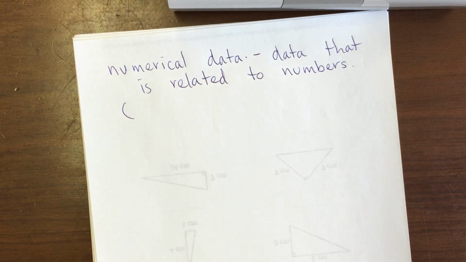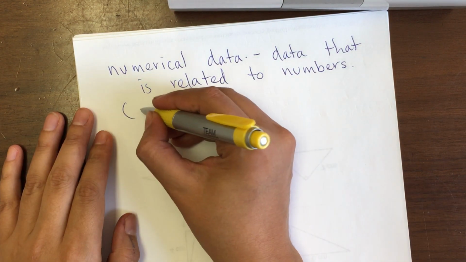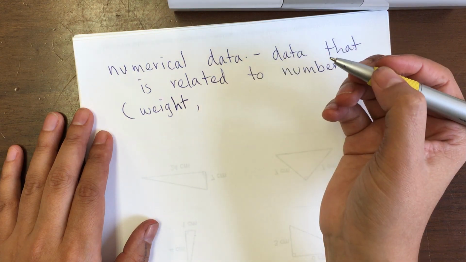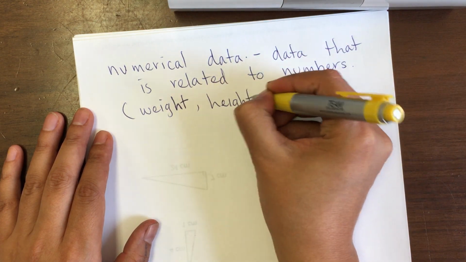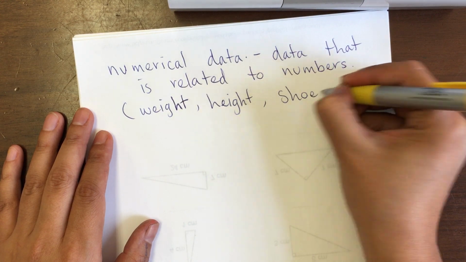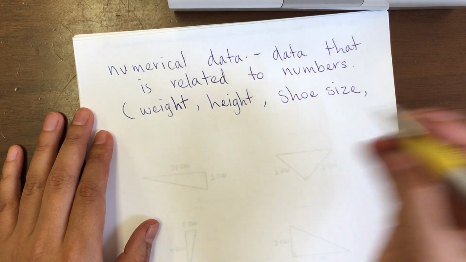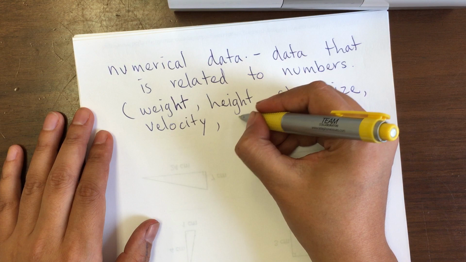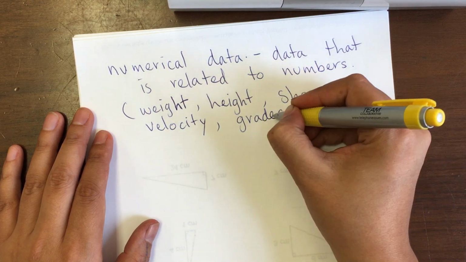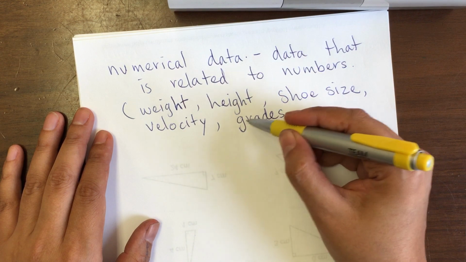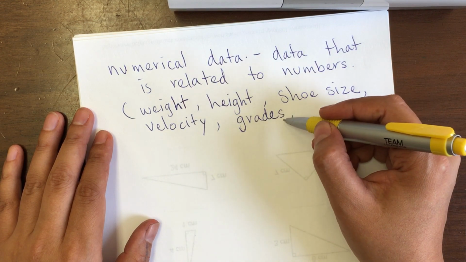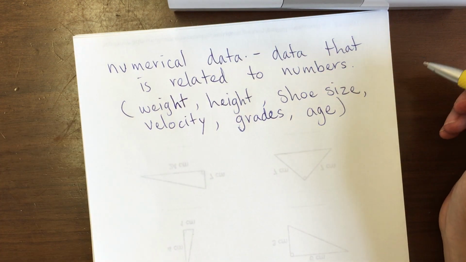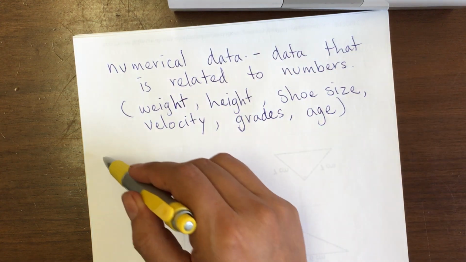And when we talk about data related to numbers, we're talking about weight, for example, because you're asking people for specific numbers, their height, shoe size, velocity, grades, and that could be more like percentages of what students get on their grades, age, and there are many more, but these are among some numerical data.